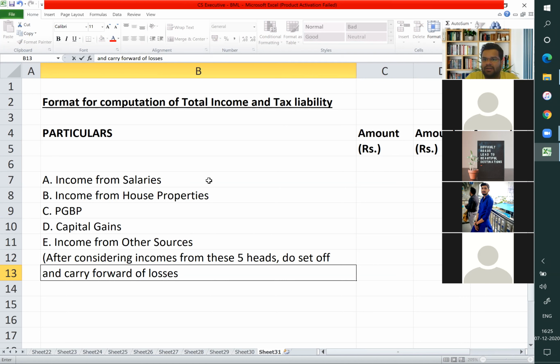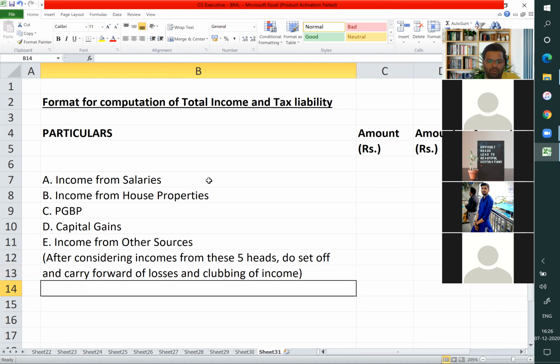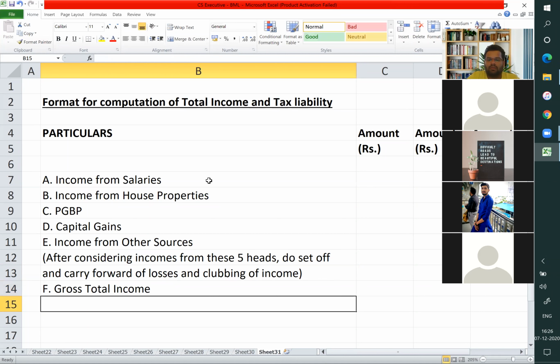You will understand it slowly, steadily. Do set off and carry forward of losses and clubbing of income. After doing that, what you get is called gross total income.